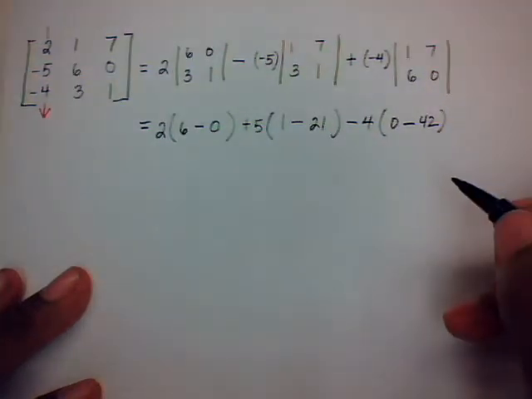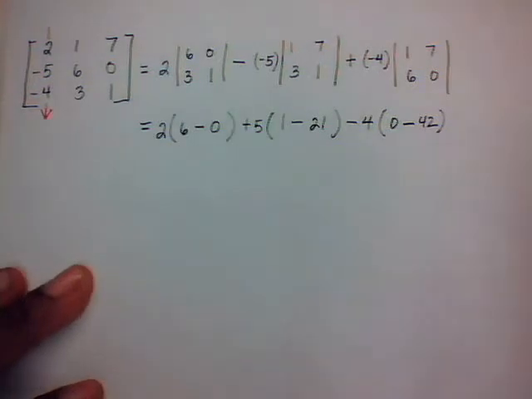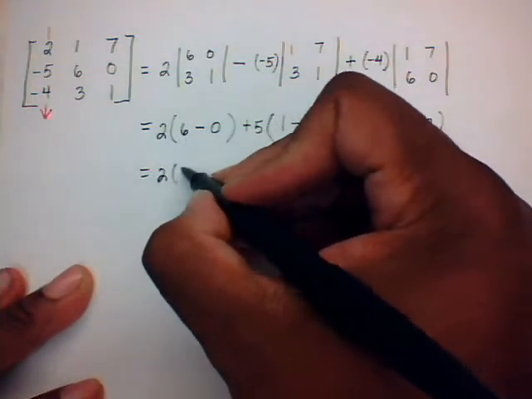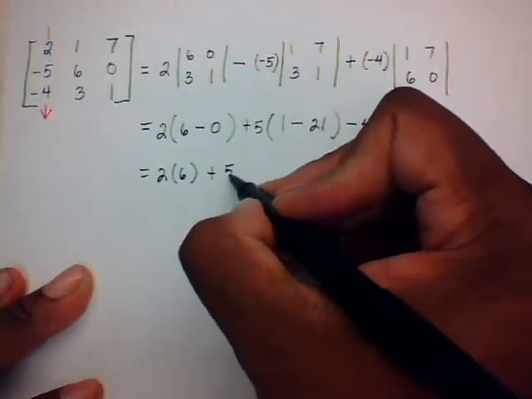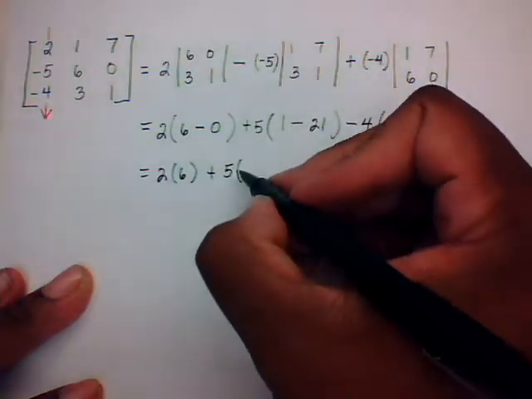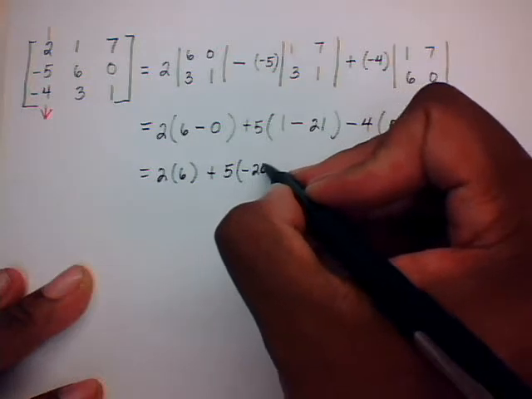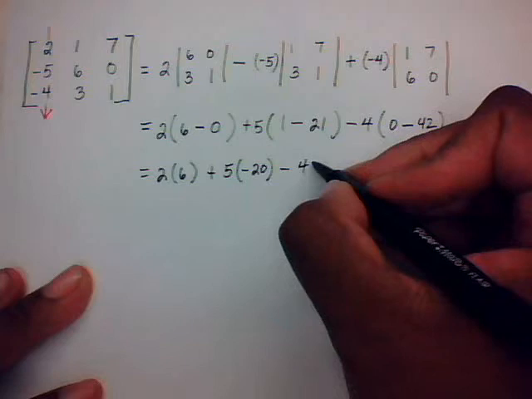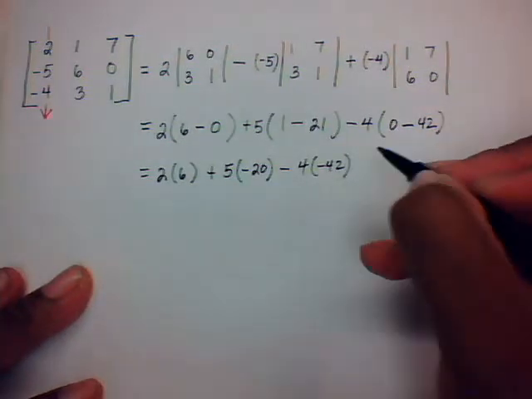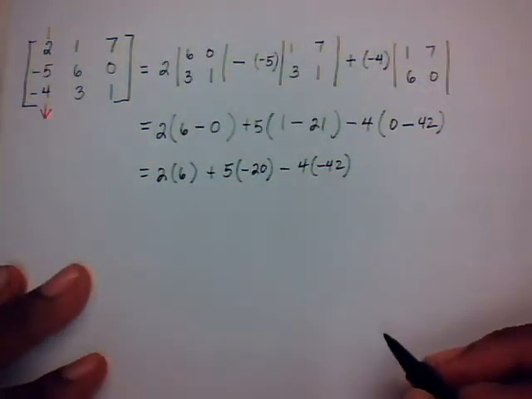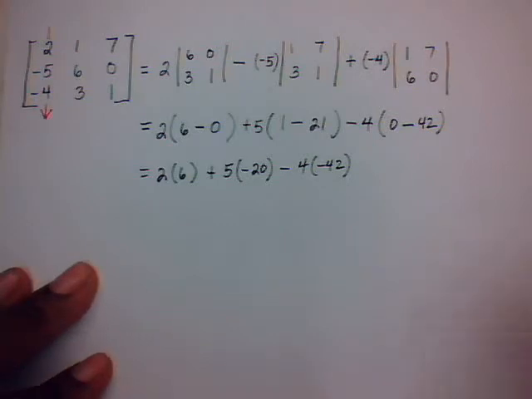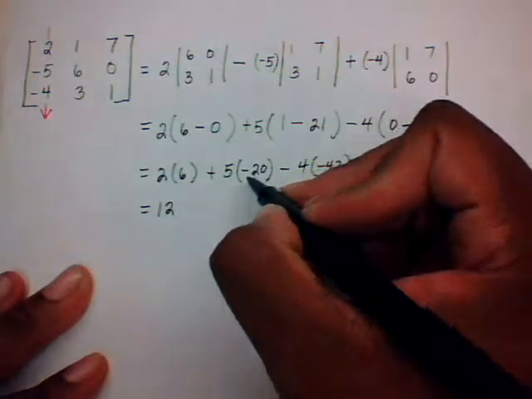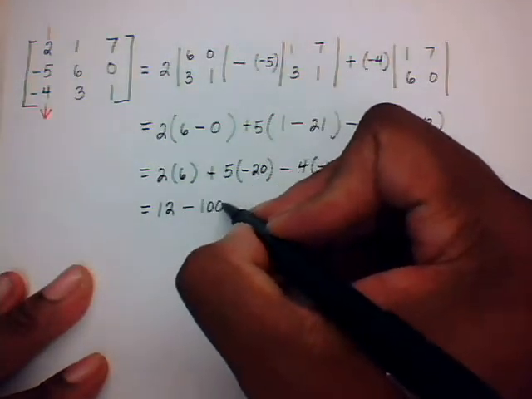that's 42. Now I'm ready to simplify this. 6 minus 0 is 6. Plus 5 times 1 minus 21 is negative 20. Minus 4 times 0 minus 42 is negative 42. Then I simplify some more. 2 times 6, that's 12. 5 times negative 20 is minus 100.